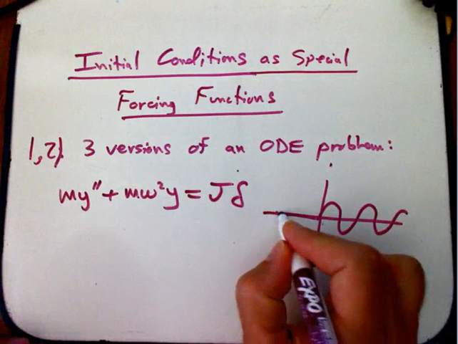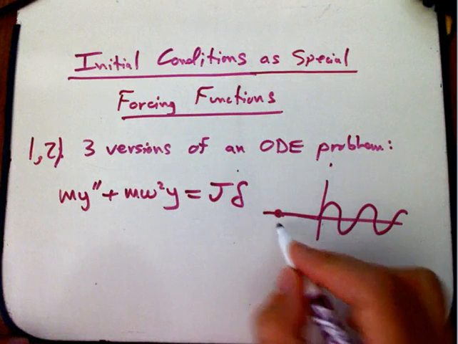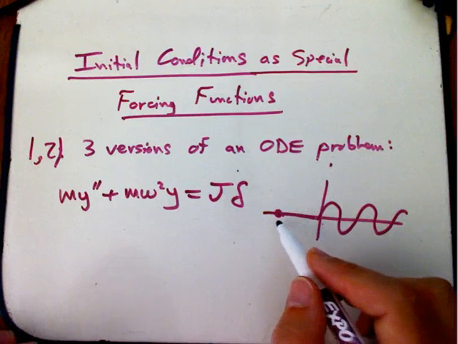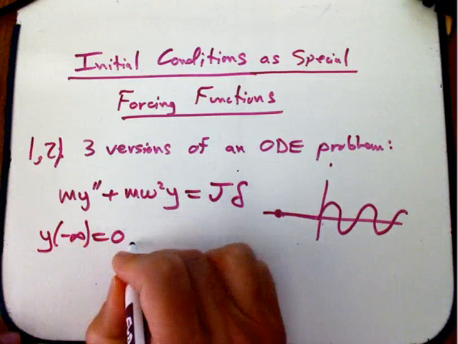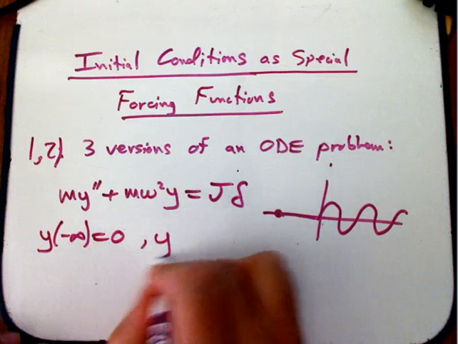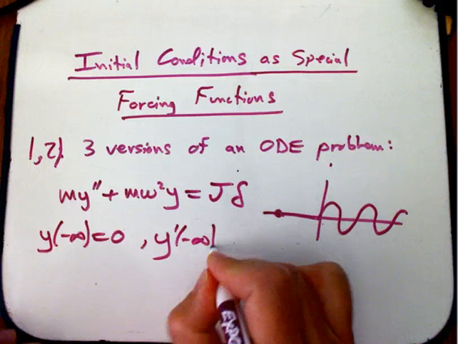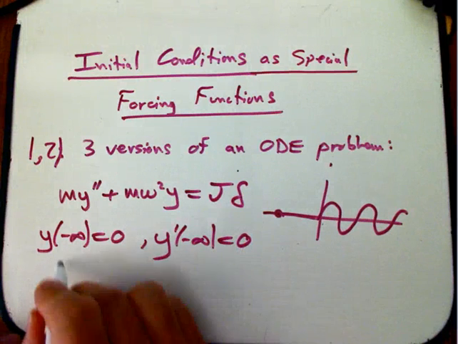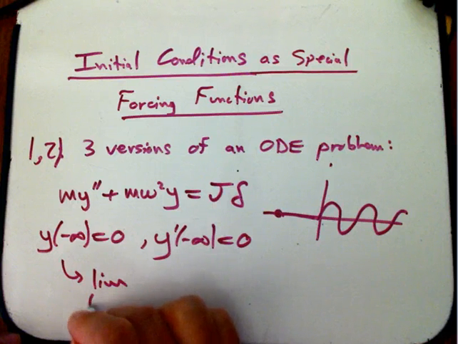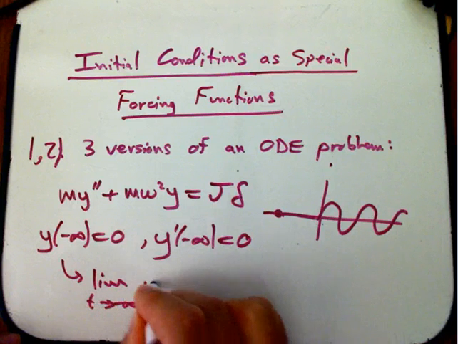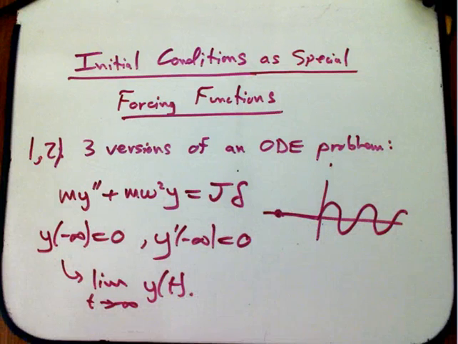So we could pick any point at t less than 0 and say that the position and the velocity were 0 there. It's kind of slicker, though, and not super important, to just say that at minus infinity, the position and the velocity were 0. Of course, this is a nice notation, just slightly faster for the limit as t goes to minus infinity of y of t, and similarly for y prime.